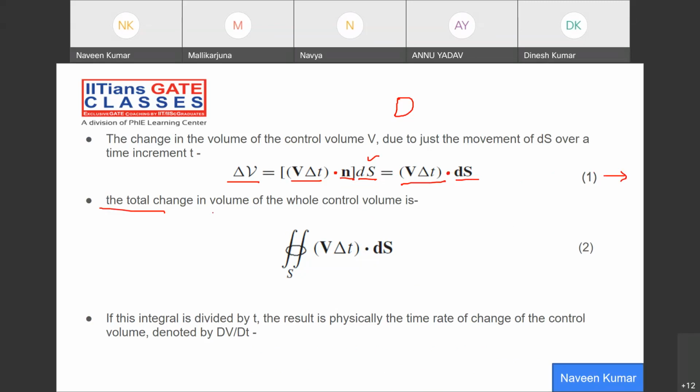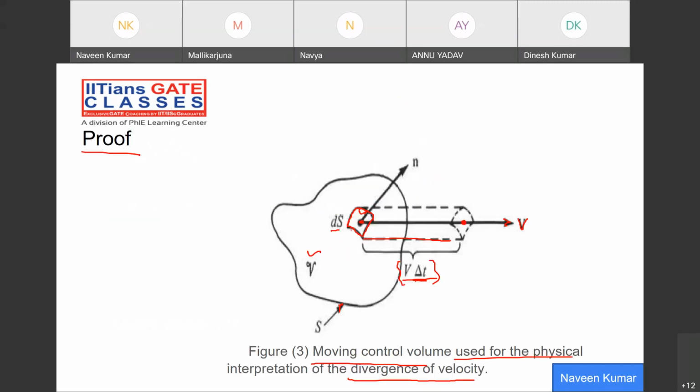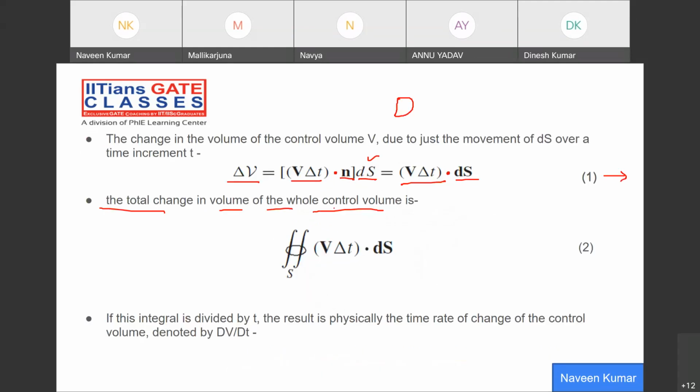The total change in the volume, if you want to find it out, this is a small surface, right? If you find the total change, that means you have to integrate, and that integration would be a surface integral, because only over the surface you are calculating this. So this is the closed surface integral.